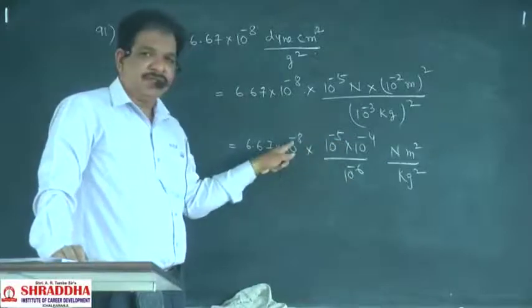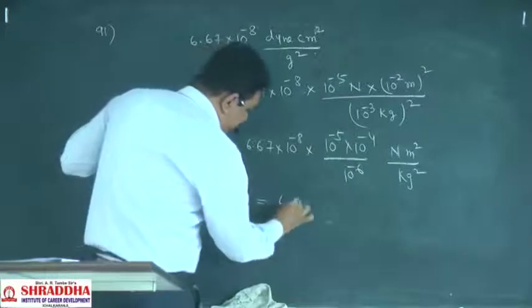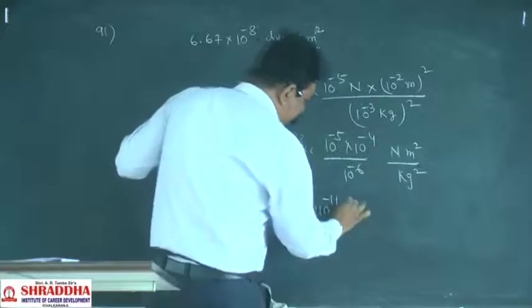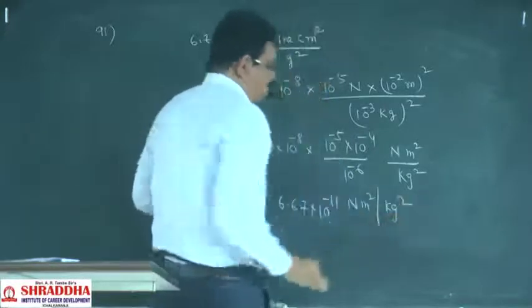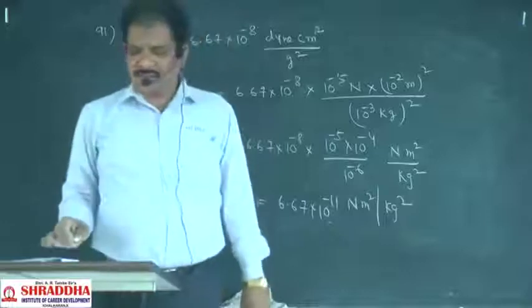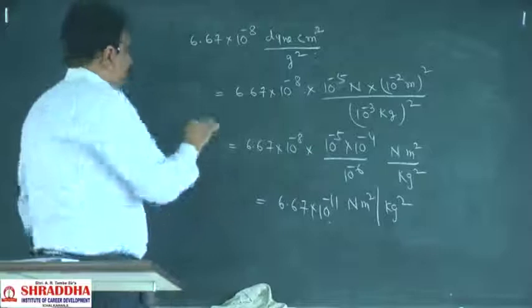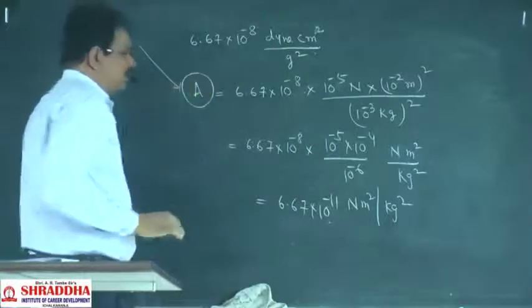Minus 3 minus 8 means minus 11. So 6.67 into 10 power minus 11 Newton meter square per kg square. Okay. So 91, it will be E.